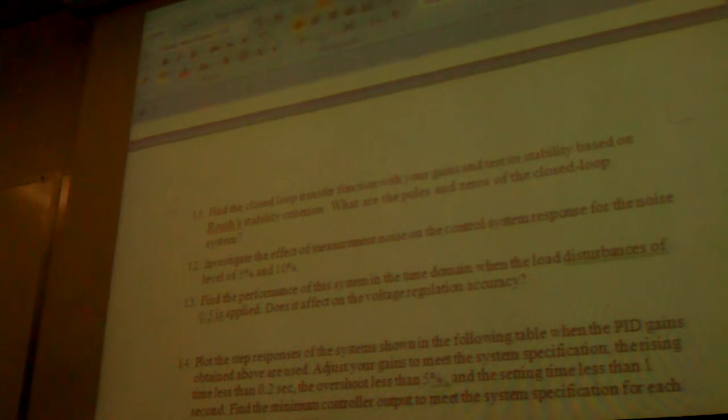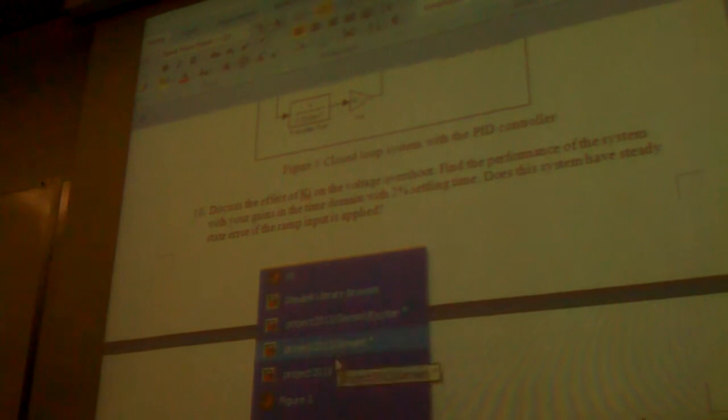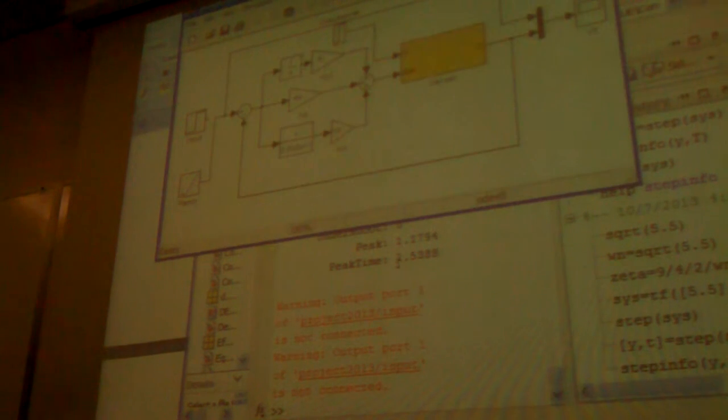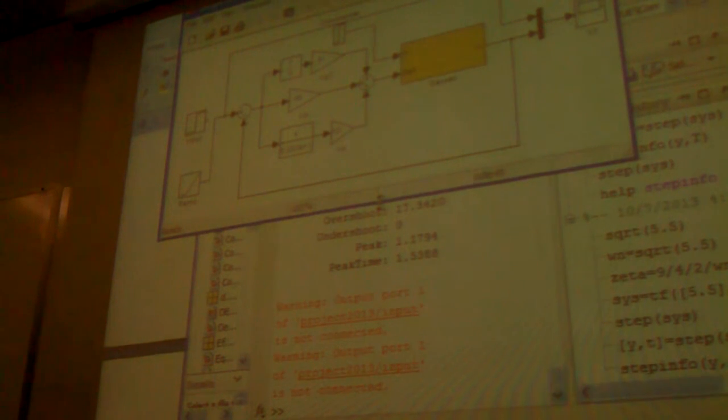First of all, where is the transfer function here? Based on this one, I can calculate the poles and zeros.